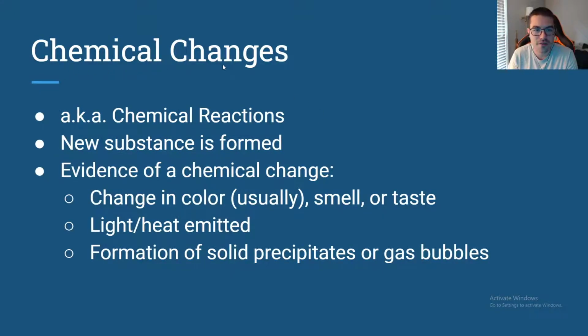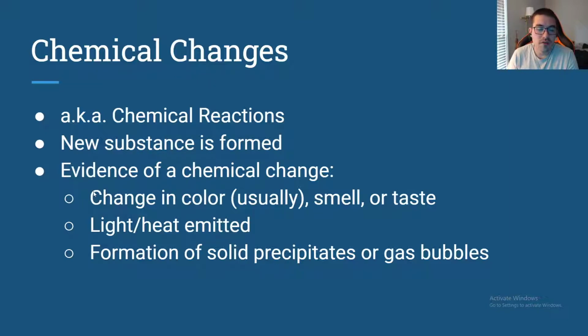All right, and then lastly, chemical changes. These are also known as chemical reactions, okay? And in order for a chemical change or a chemical reaction to have taken place, you have to have created a new substance. Okay, so a new substance is formed in chemical changes and chemical reactions.